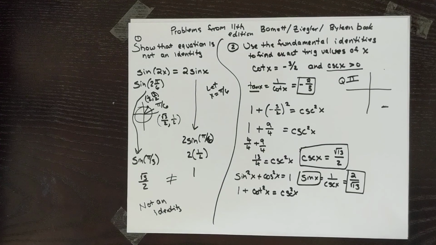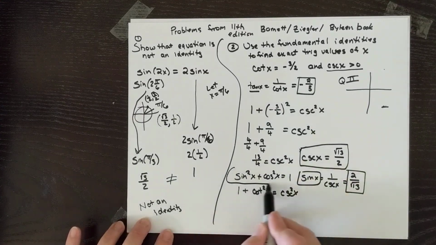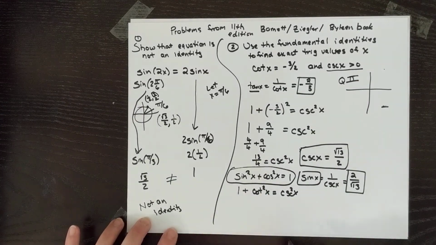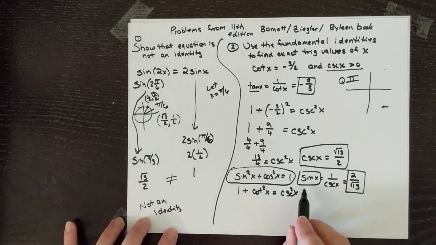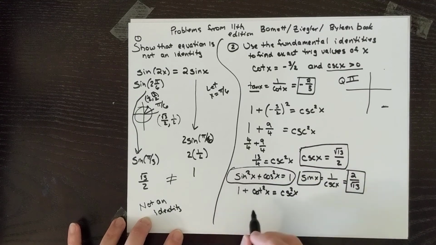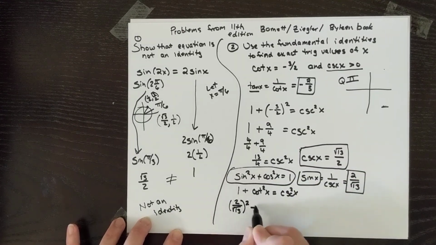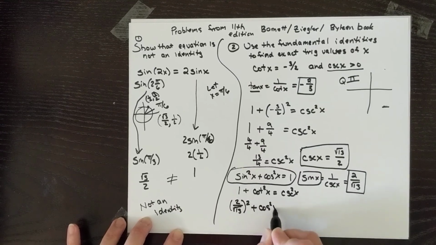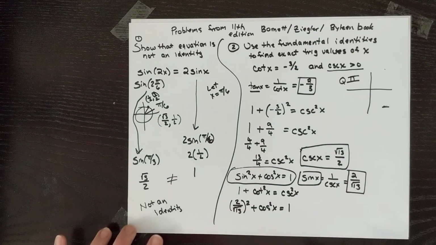The last one I have to find is the cosine. There's a couple of different ways we could go through this. I'm just going to borrow this one. I think this is pretty simple to do. I know that the sine of x is 2 over the square root of 13, so sine squared would be 2 over the square root of 13, squared, plus the cosine squared of x, and this is equal to 1. I'm going to solve this equation for the cosine.